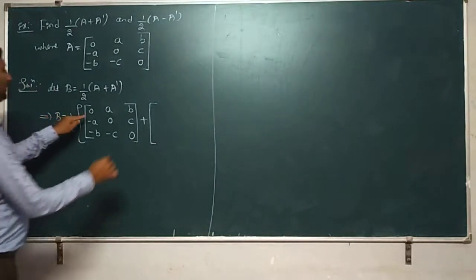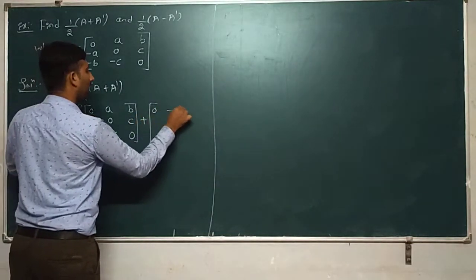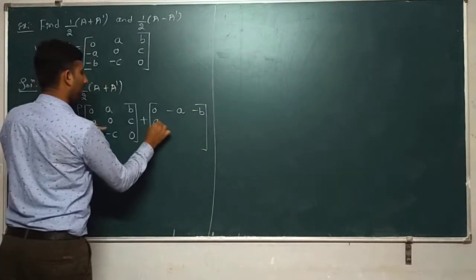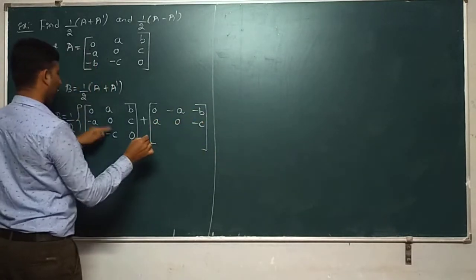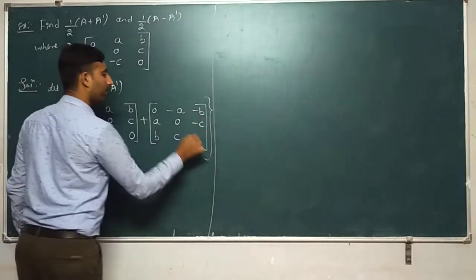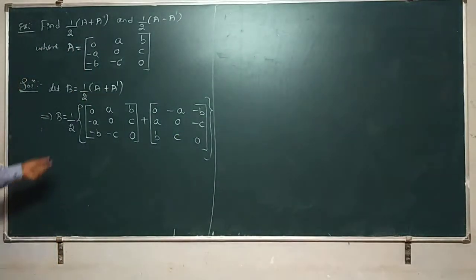What is A dash? 0 minus a minus b, a 0 minus c, b c 0. Half into that much we have to find out.